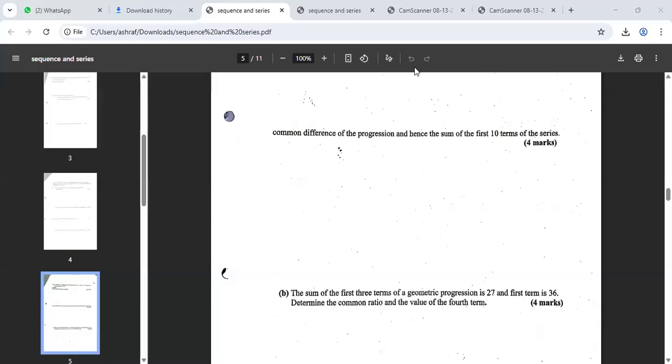If you have your R, you can share your answer. Let me see. You have a response here.